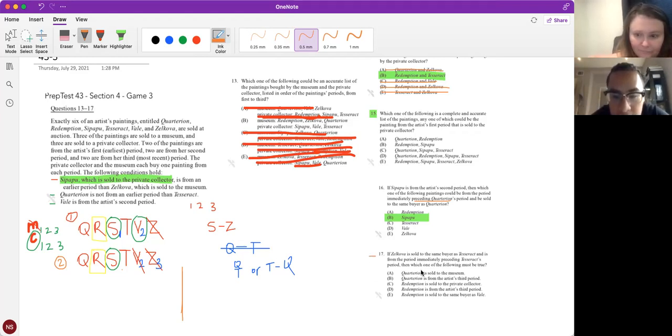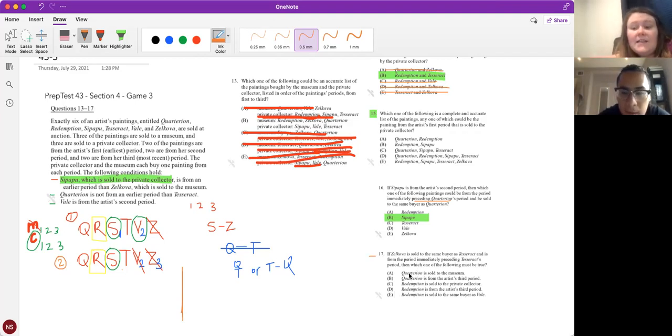If Z is sold by the same buyer as T and is from the period immediately preceding T, then which one of the following must be true? That was pretty straightforward. So T and Z can both be purchased from the same buyer in both scenarios, right?